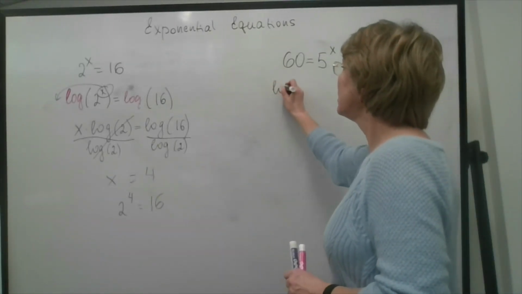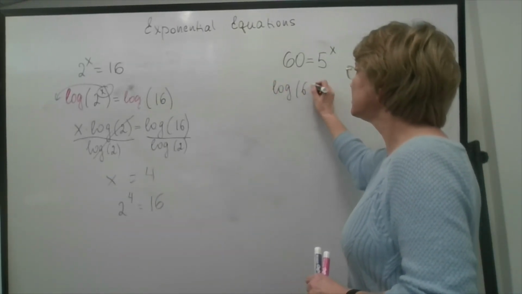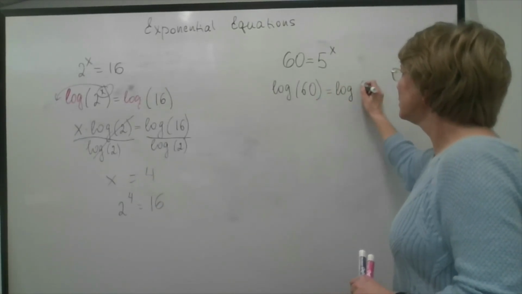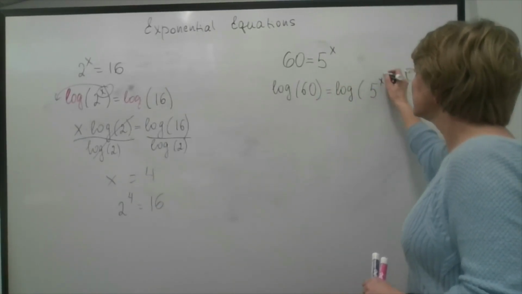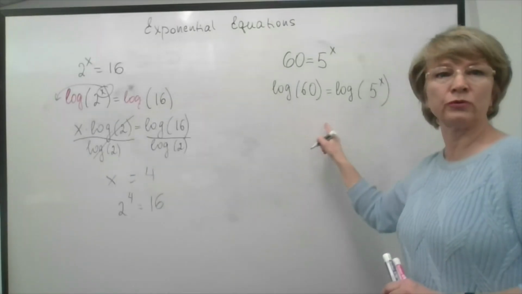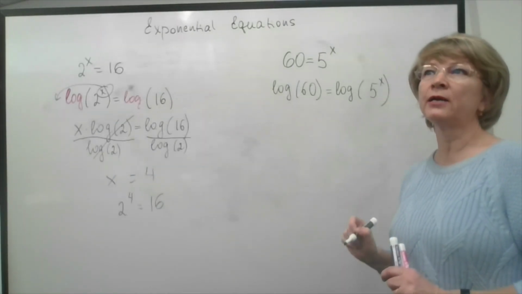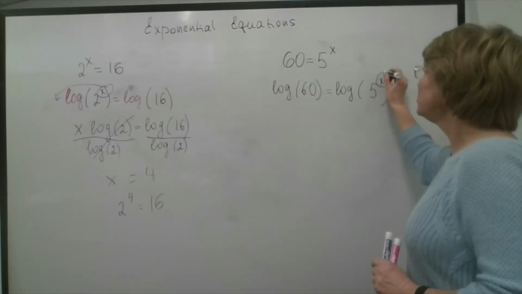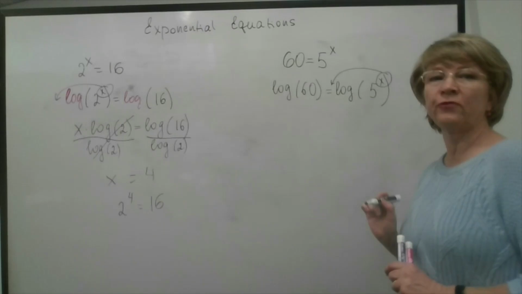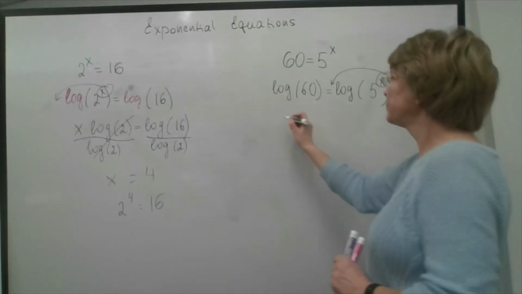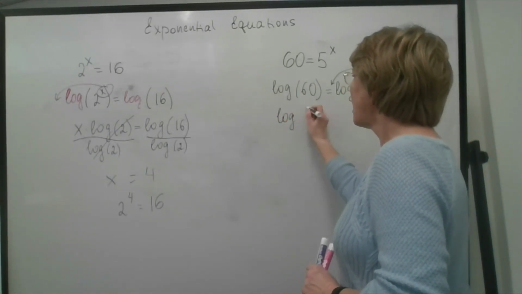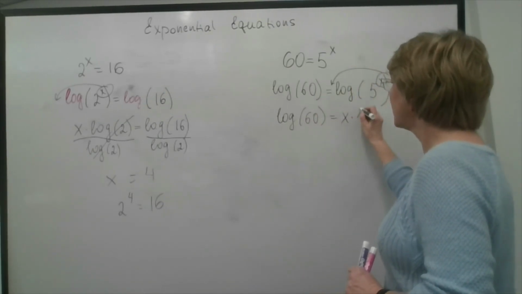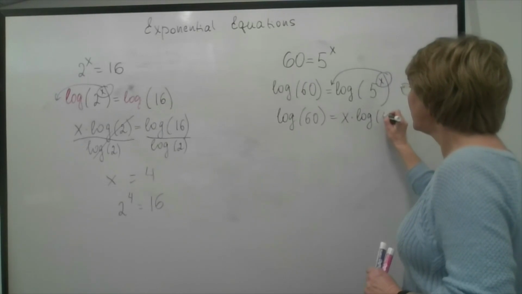So it will be logarithm of 60 equal to logarithm of 5 to the power x. This step is called write the logarithm to both sides. Next step, we will move the exponent in front of the logarithm. Logarithm of 60 is equal to x times logarithm of 5.